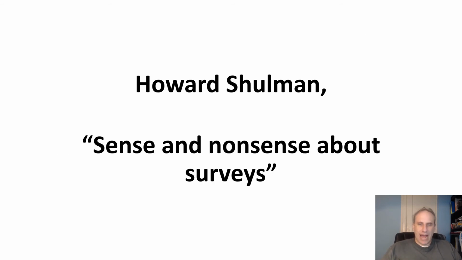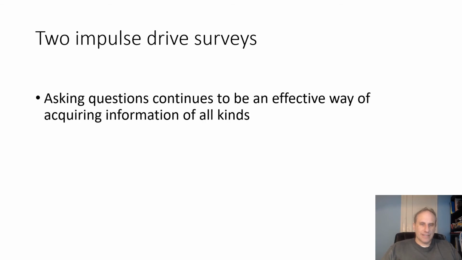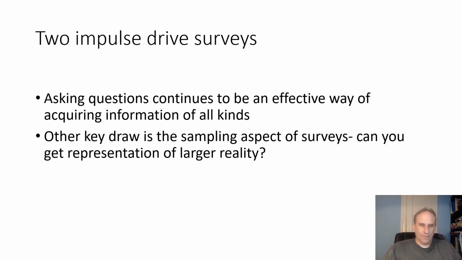Now, I had you read Howard Schuman's Sense and Nonsense About Surveys, and he has a number of good points about both sampling and about how to ask questions. He notes that there are 2 impulses that drive surveys. Asking questions continues to be an effective way of acquiring information of all kinds about people.